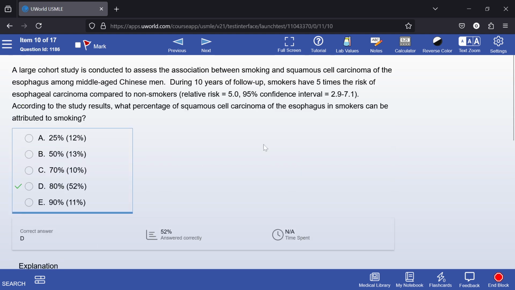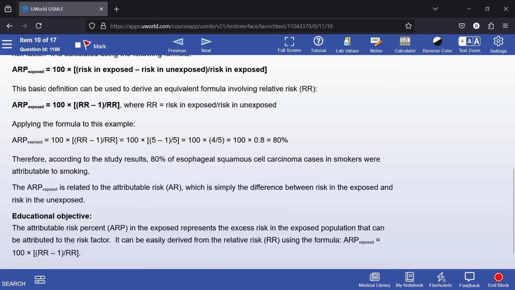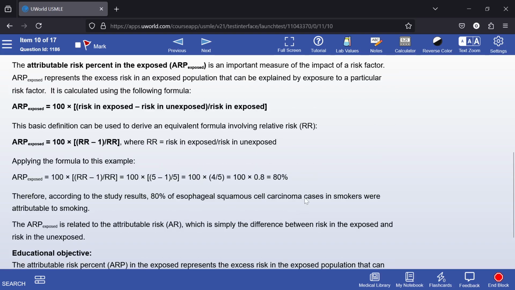Here the relative risk is 5, so 5 minus 1 divided by 5 is 4 by 5, into 100, which looks like 80. So this is how we can calculate absolute risk percentage.